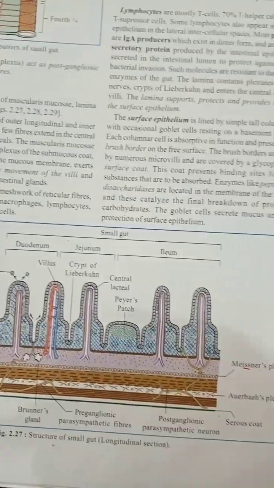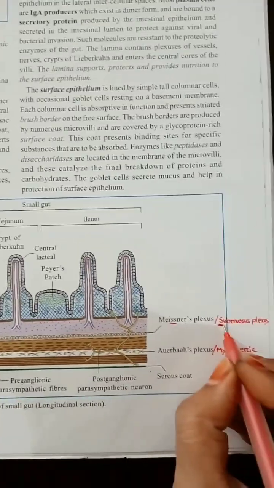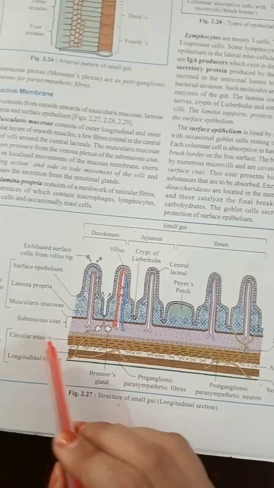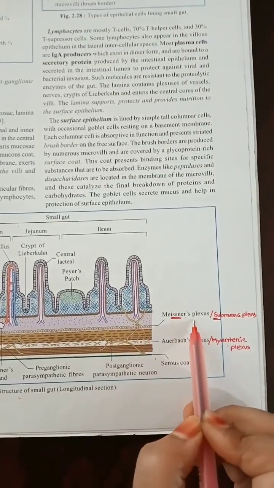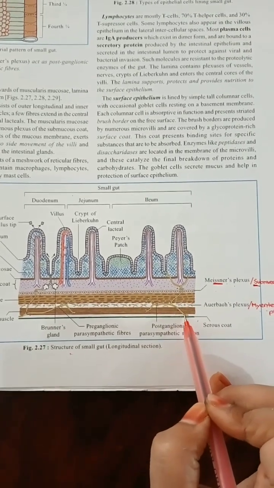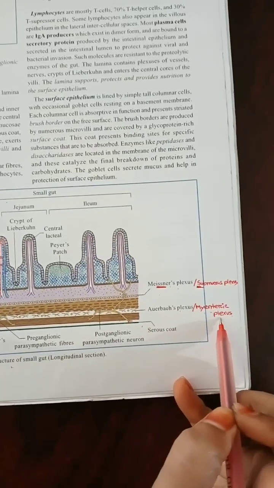To remember easily: in the submucosa there is an S, and in Meissner's there is an S. So in the submucosa there is Meissner's plexus, and in the muscle coat, in between the longitudinal and circular layers, there is the nerve plexus known as Auerbach's plexus, or myenteric plexus.